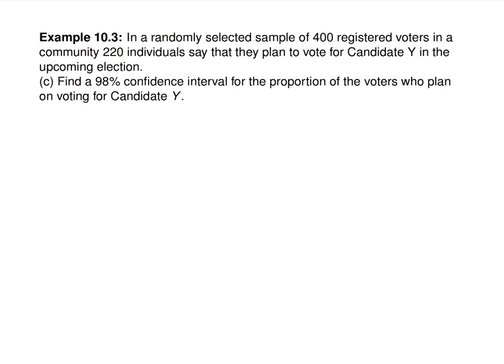All right, find a 98% confidence interval for the proportion of the voters who plan on voting for candidate Y. Well, in this case, our z star will change. For 98% confidence, the z star you use is 2.33. So same structure: p hat, which is 0.55, plus or minus our z star, which is 2.33, times 0.0249.